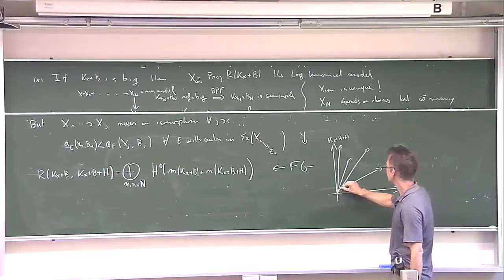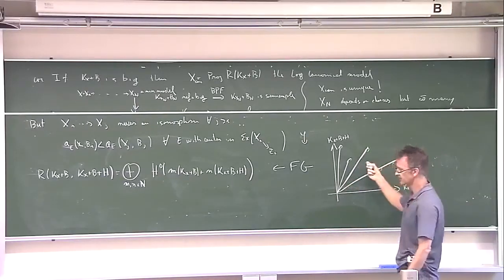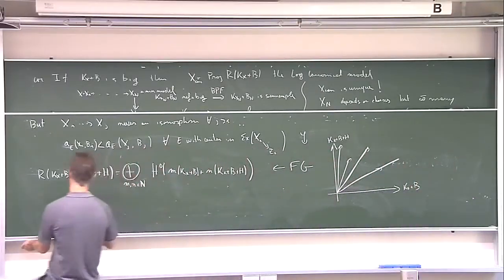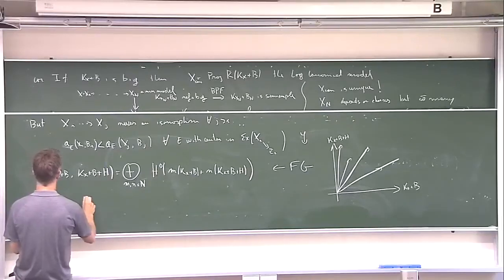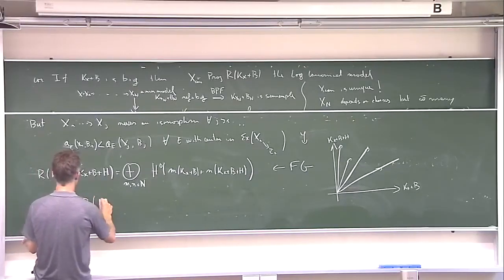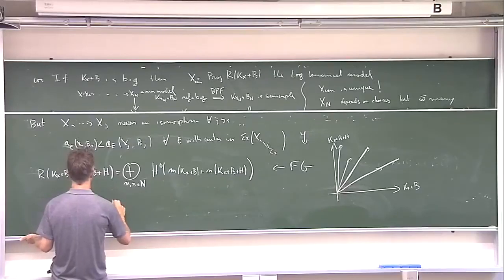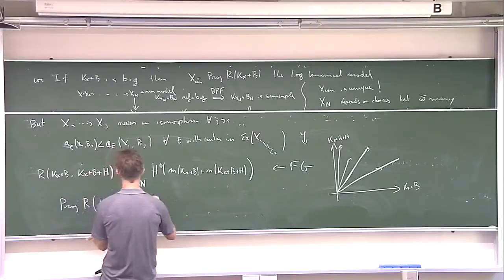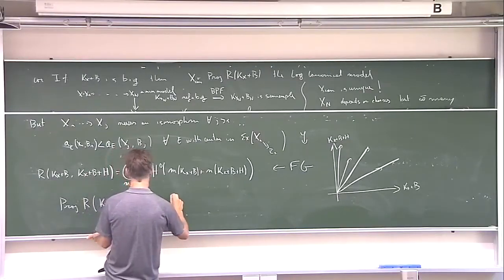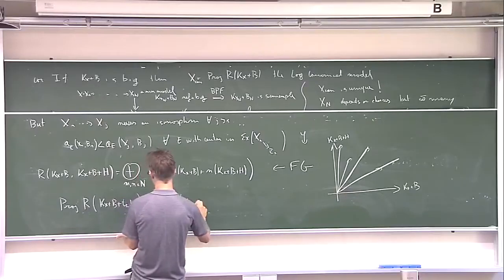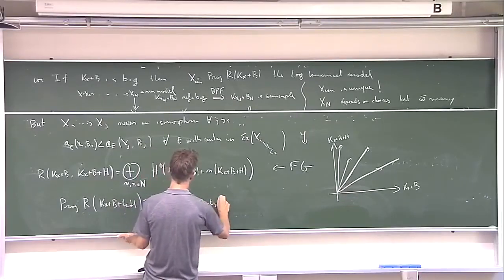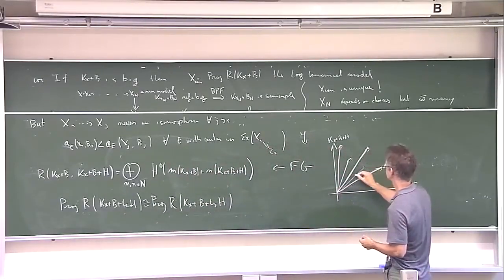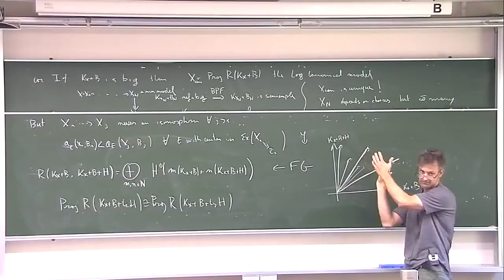So if you look at any one slice of this, then it's natural to expect that proj of R, the ring corresponding to kx plus b plus t1h, should be isomorphic to proj of the ring corresponding to kx plus b plus t2h if t1 and t2 correspond to a slope in the same slice.